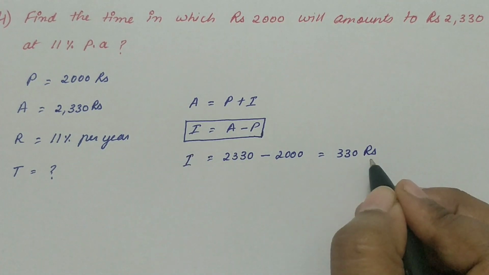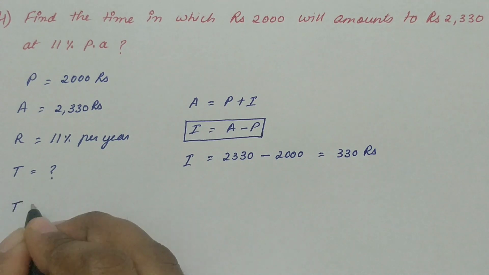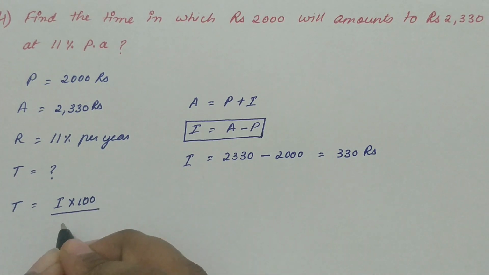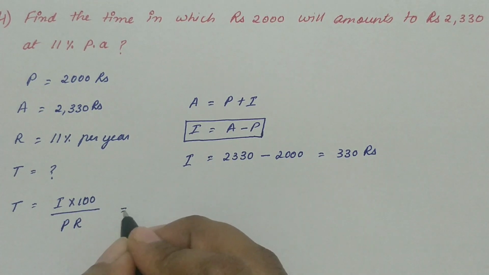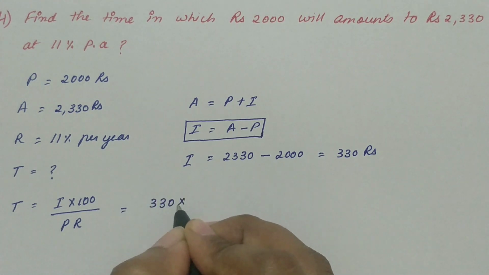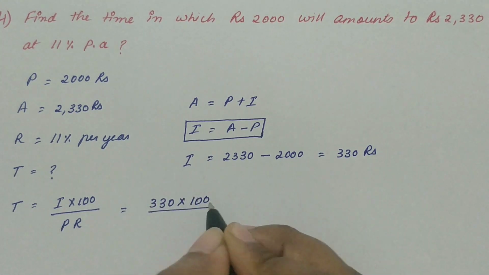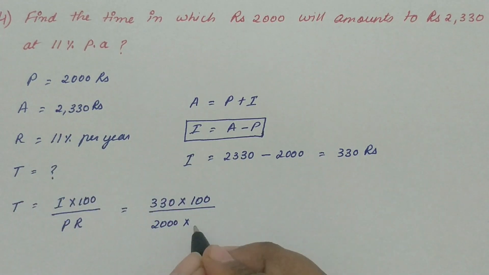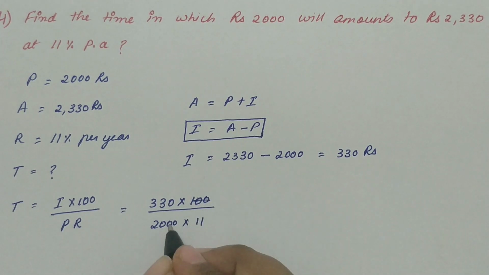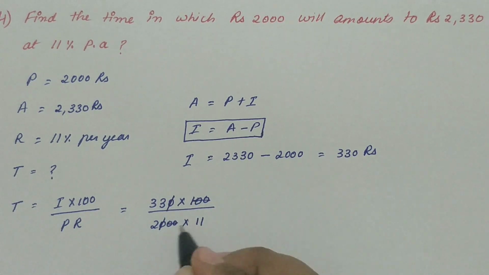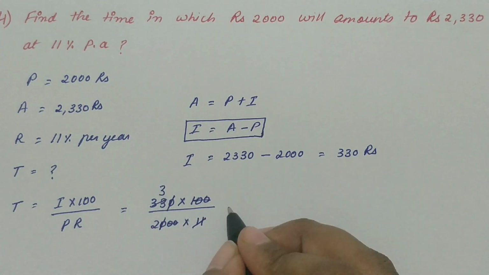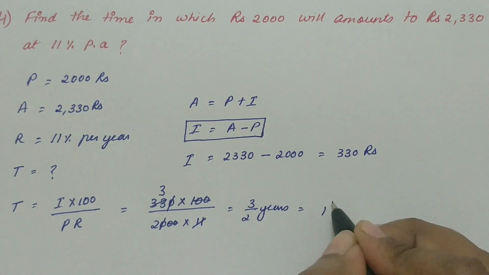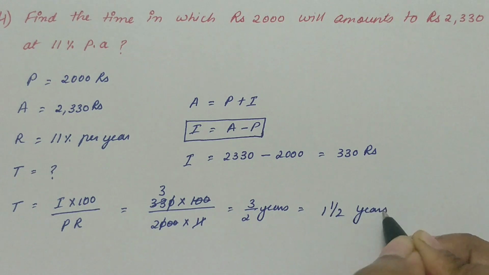Interest equal to 330 rupees, and we know T equal to I into 100 divided by PR equal to 330 into 100 divided by 2000 into 11. 2 zeros, 1 zero cancel. 11 3 times, 3 by 2 years, which is equal to 1 1 by 2 years.